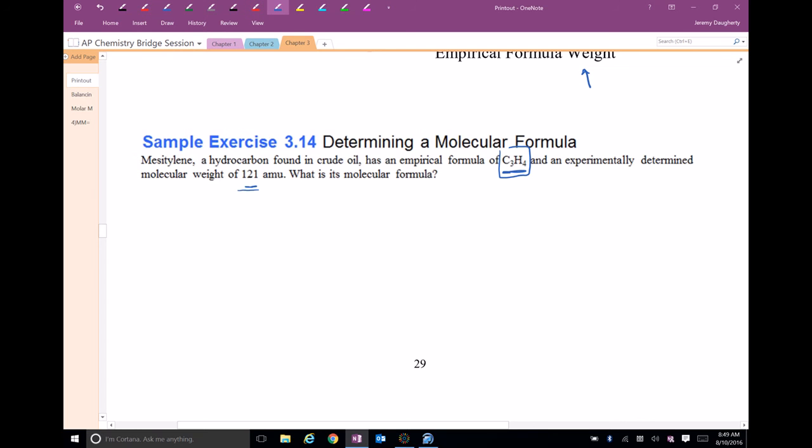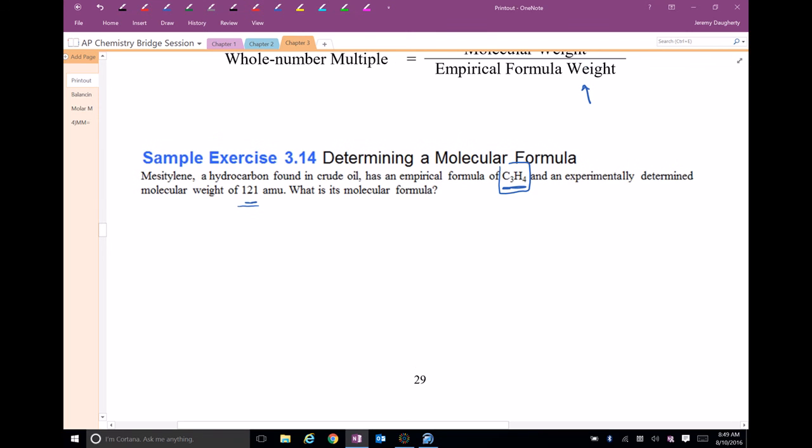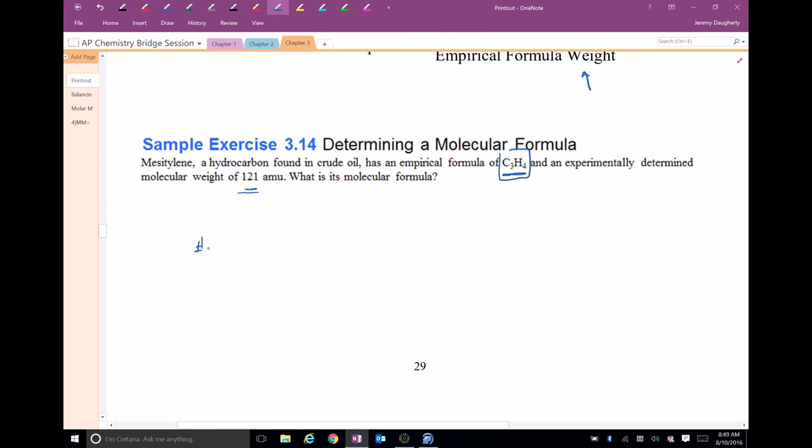So what we want to know is, if this is the empirical formula, how many times does the empirical formula go into the molecular formula's weight? So I can say, what did I say up here? Some whole number multiple is equal to the molar mass of the formula divided by the molar mass of the empirical formula.